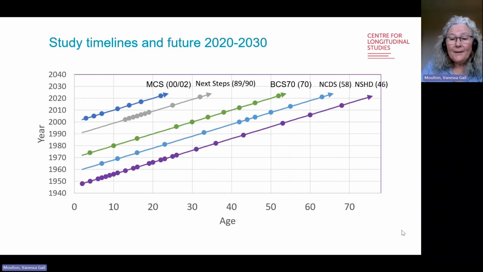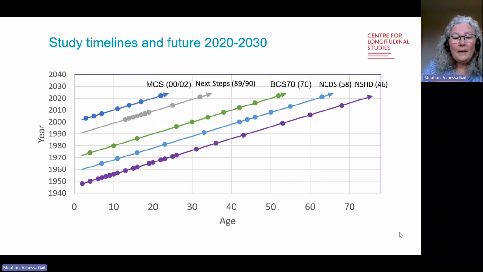The reason that I've put it here is that some of the cross-generational research that George will be discussing includes the 1946 cohort, and in relation to ageing research, this is in many ways the kind of ancestor. So the NSHD, the 46, the NCDS, the 58, and the BCS 70, the 1970, were born 12 years apart and are in their 50s, 60s and 70s subsequently.